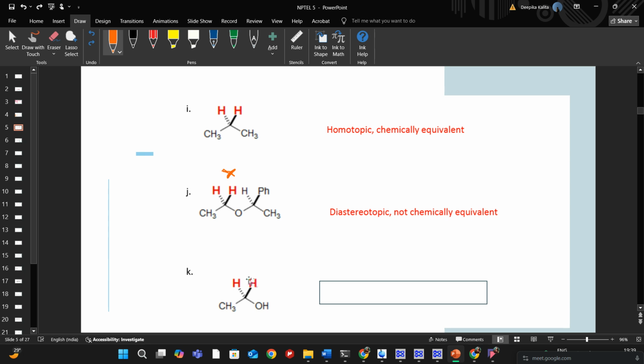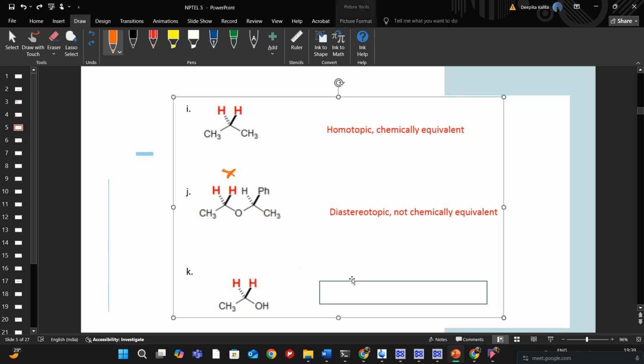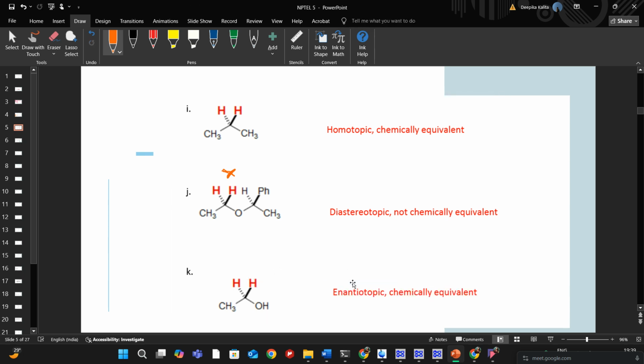Hence, these two protons will be enantiotopic protons. You can also try to figure out the RS configurations by replacing each of these protons by deuterium.